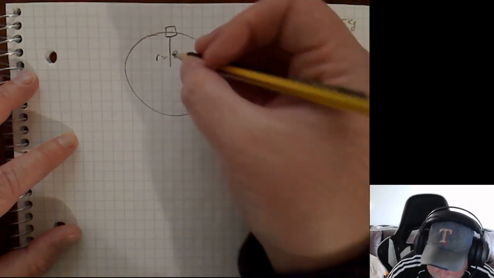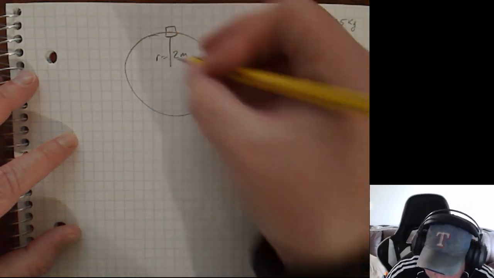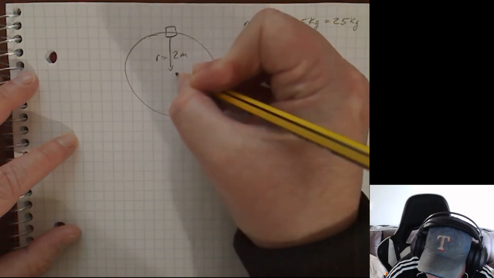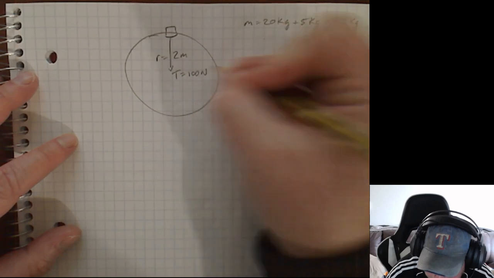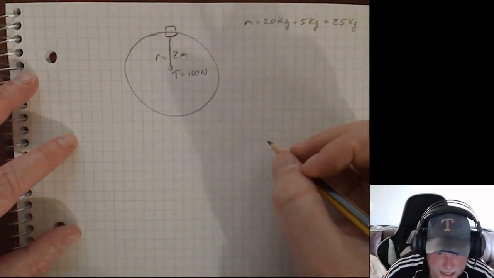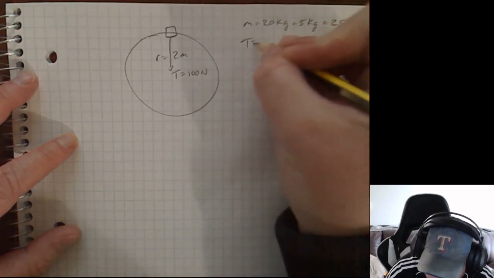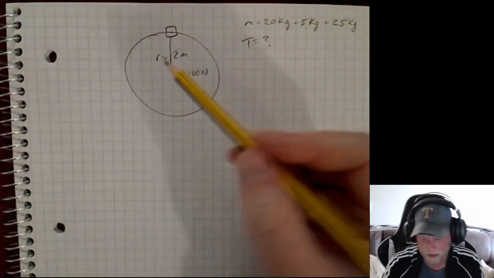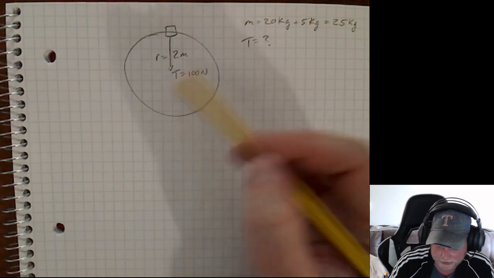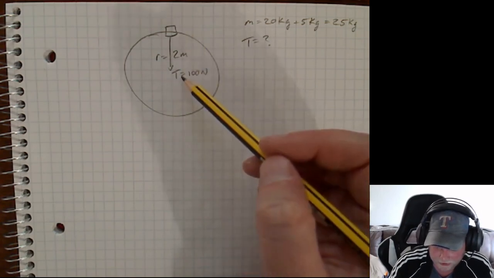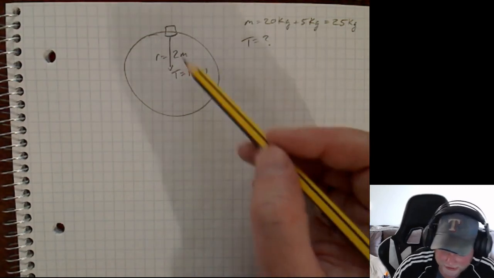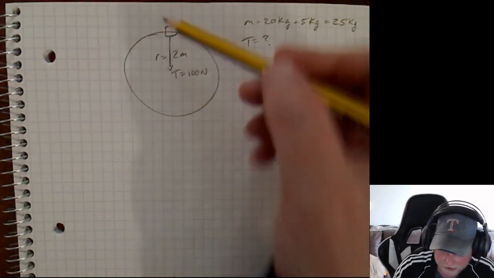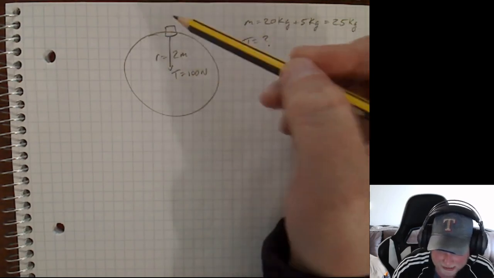We know that there is a force of tension of 100 newtons. And we want to know the time it takes to make one revolution, so we want to know the period. So we've got a radius of 2 meters, a tension force of 100, and we've got mass.